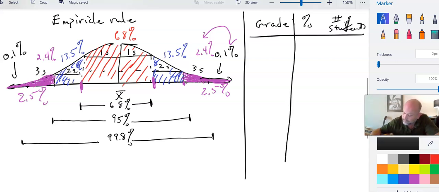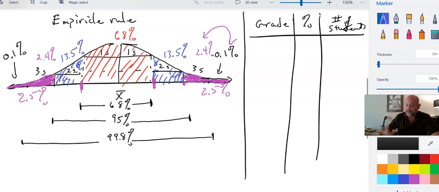So it ends up being boiled down this way. The guys down here at the end are A's. So we get A's here, B's here, C's for this whole middle region, D's here, and F's here. That's basically how it boils down.